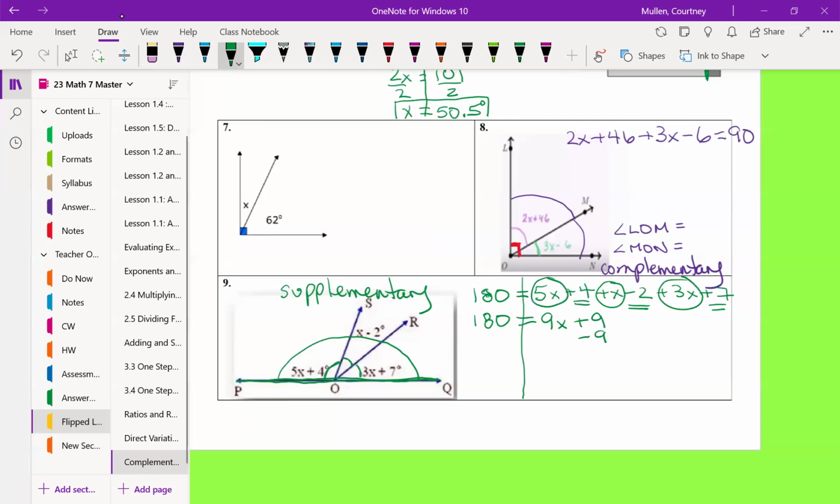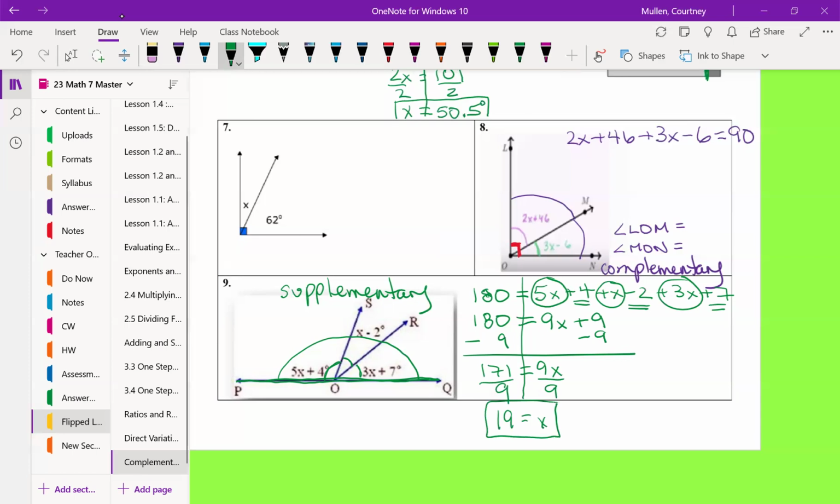And we'll use inverse operations to solve. Divide by 9. So we have 19 equals x. Is that degrees?